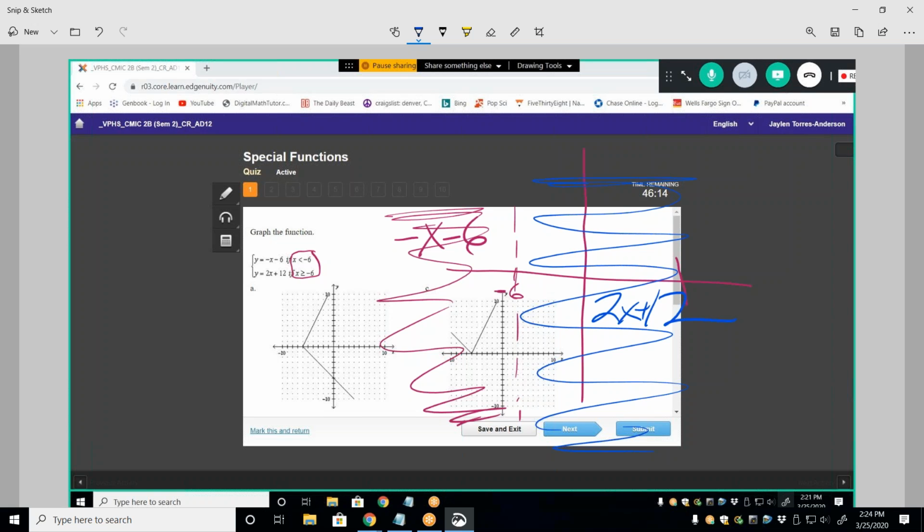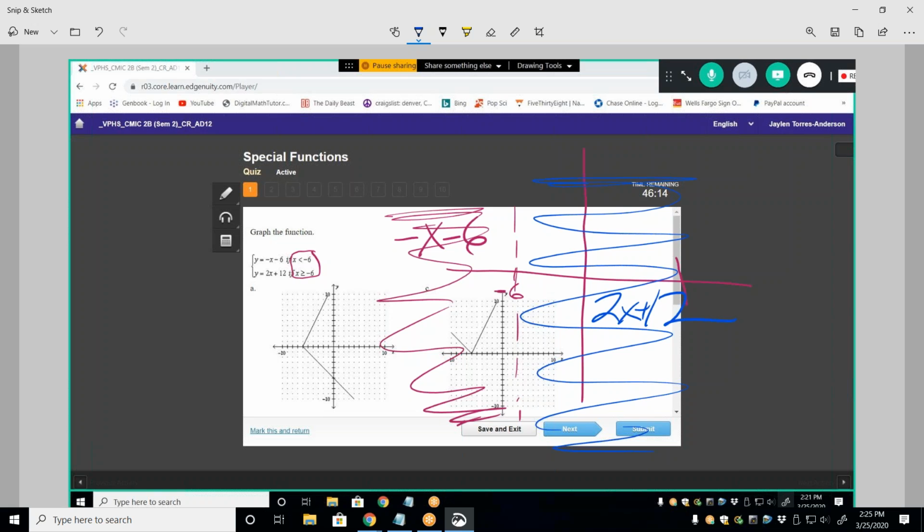Now, if we want to graph, just for the heck of it, let's do the section to the right first. Okay? Still in blue. Where are we going to start that? How do you graph 2x plus 12? It's already solved. It's y equals 2x plus 12. How do you graph that? Where do you start?